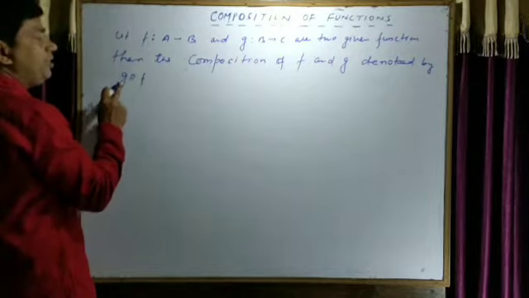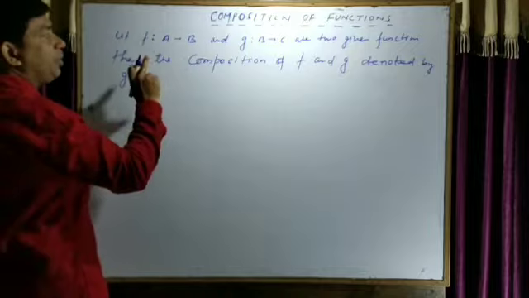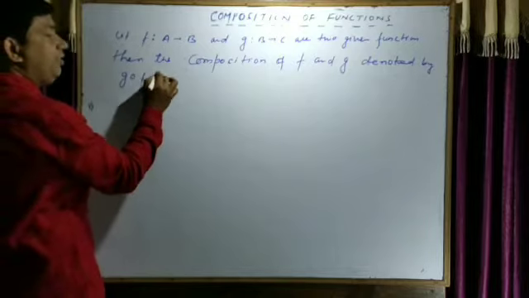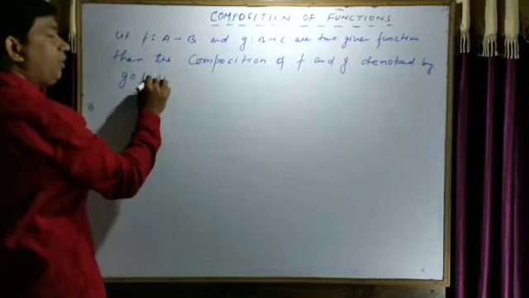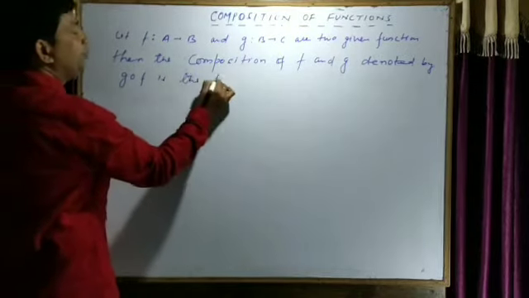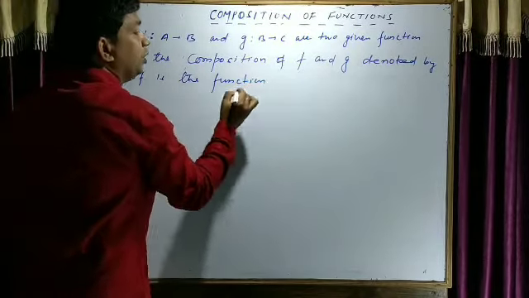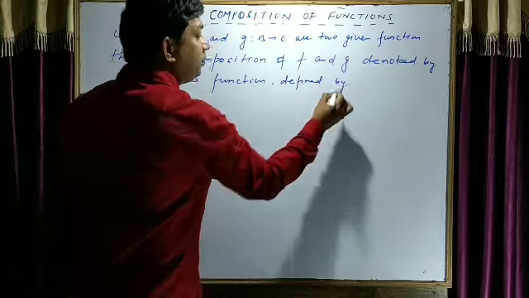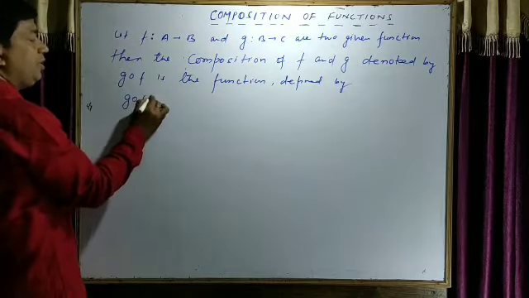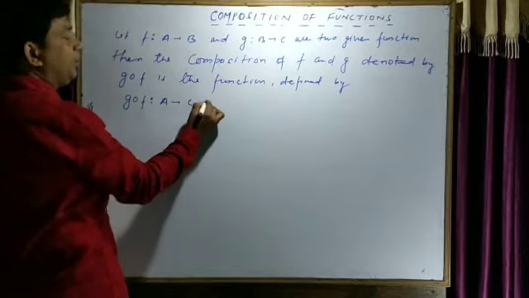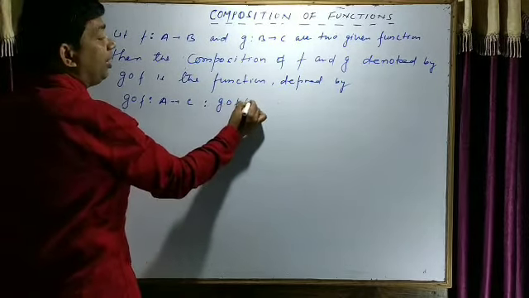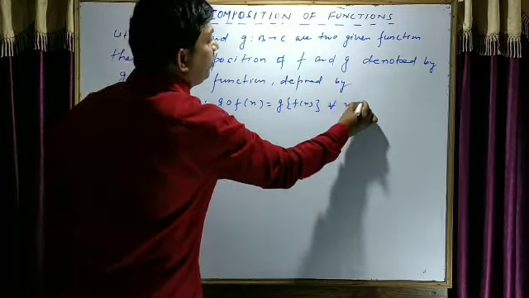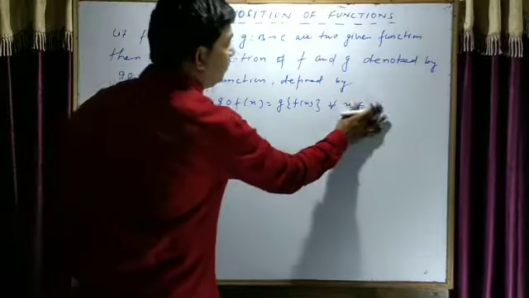One is f and the other is g, and the combination of the two functions f and g is denoted by G circle F. It is defined as follows: GOF is a function from A to C such that GOF of x is equal to g of f of x, for all x belonging to A.